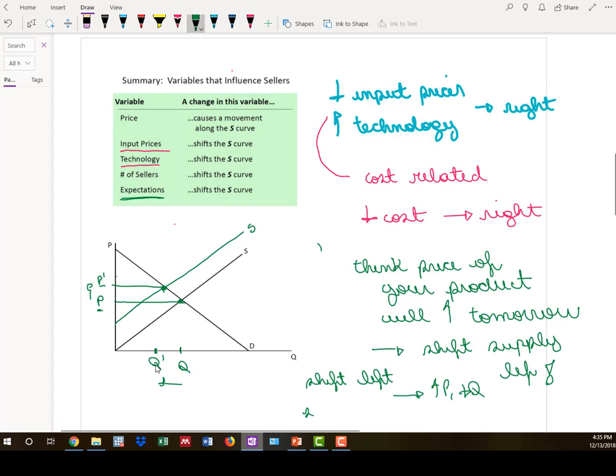And when I shift the supply curve to the right, you can guess, I'm going to reduce prices and increase quantity. We're going to talk about next what happens when both the supply and the demand curve shift.